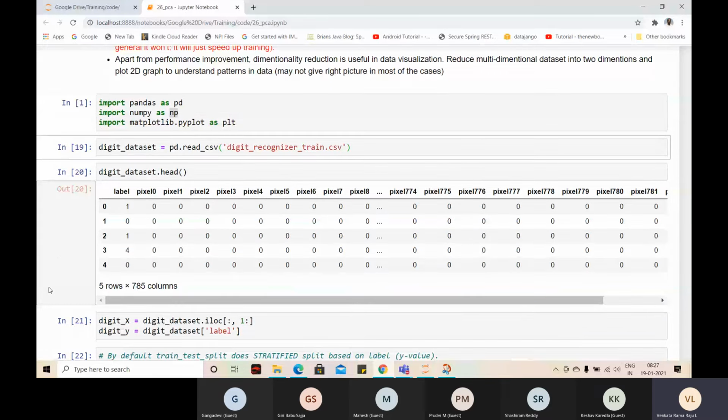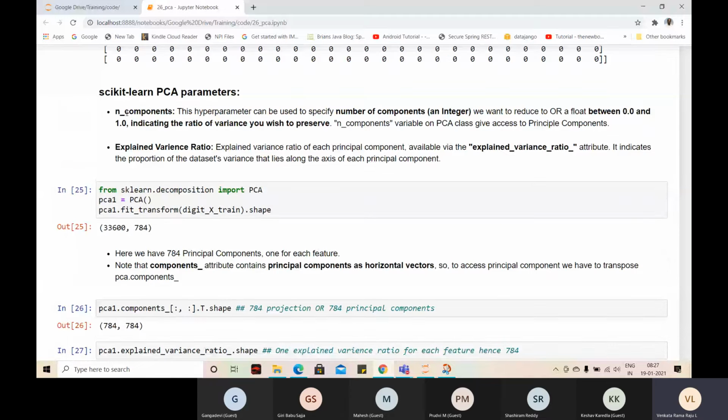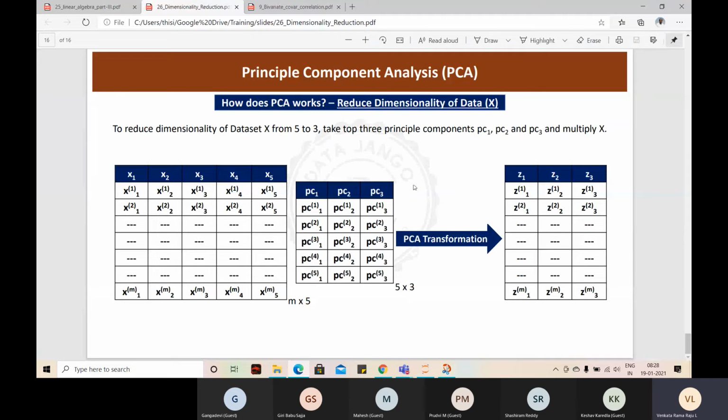There are hyperparameters like n_components. n_components can be a real number or an integer. If you specify n_components as an integer, in this example I extracted 3. If I say n_components is equal to 3, the PCA algorithm will take the first 3 principal components and multiply my data.